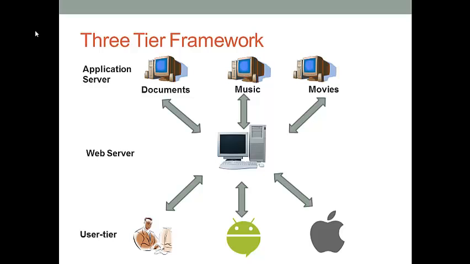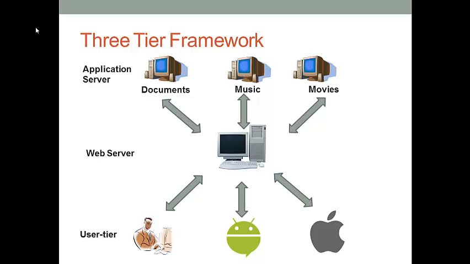They have different functionalities. The web server tier can accept the user's request about different kinds of information, and then the web server will direct the user's request to the application tier. For instance, if I want to watch a movie, let's say I want to watch Star Trek on Netflix, my request will be received by the Netflix web server first.